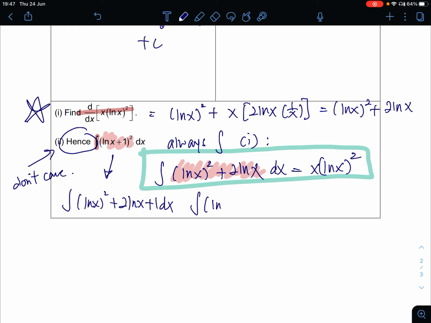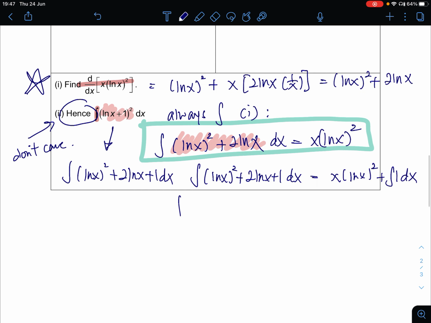That means it's integrate (ln x) squared plus 2 ln x plus 1 dx equals to x (ln x) squared. Take note, when you plus 1 on the left, it was inside the integration sign. So you also plus 1 with an integration sign here. Okay? Then you will get integrate (ln x plus 1) whole thing squared dx equals to x (ln x) squared plus x plus c. Okay? So this is the general trick that you should employ to solve for the equation.